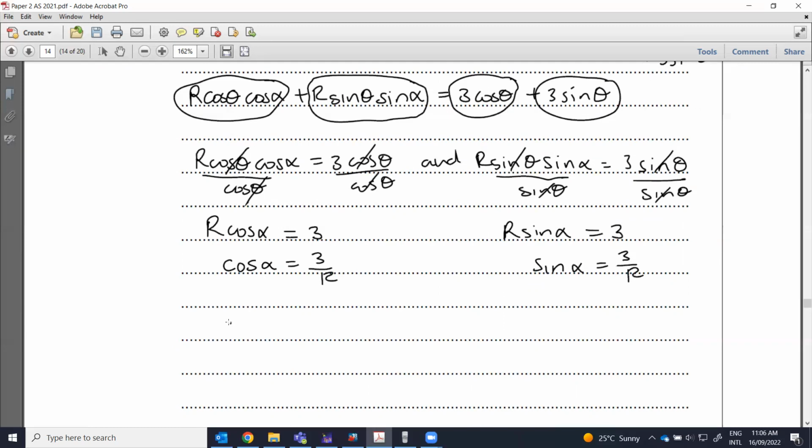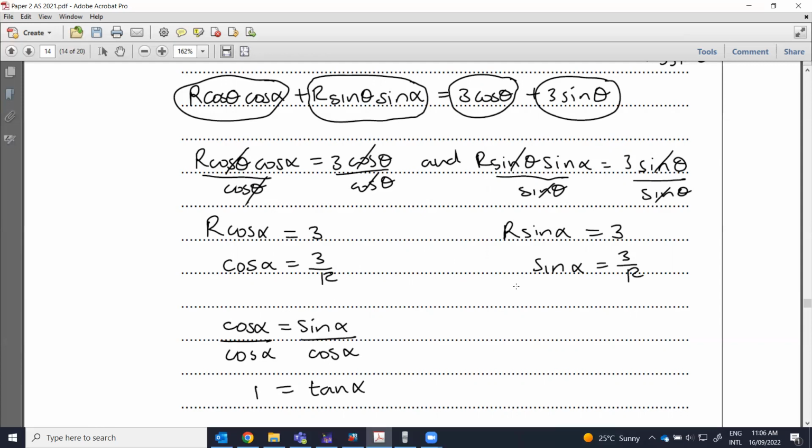So cos alpha is equal to sine alpha. I'm solving these just by substitution, and then dividing both sides by cos alpha. Here I'll get 1, and sine over cos is tan alpha.